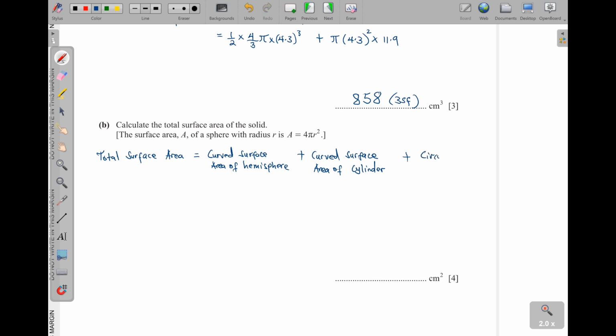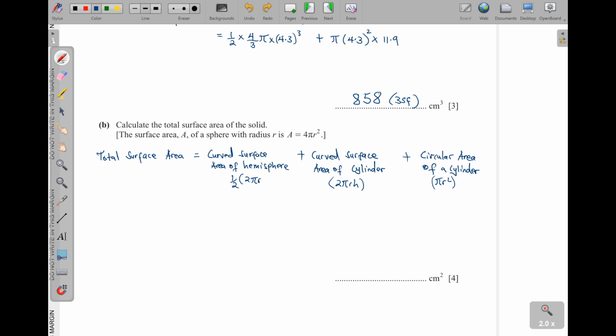So circular area of a cylinder. We have seen it up there. So this one is pi r squared. All right, this one is 2 pi r h. Then this one here is a half of 2 pi r h. Now, yes, because no, it's not 2 pi.